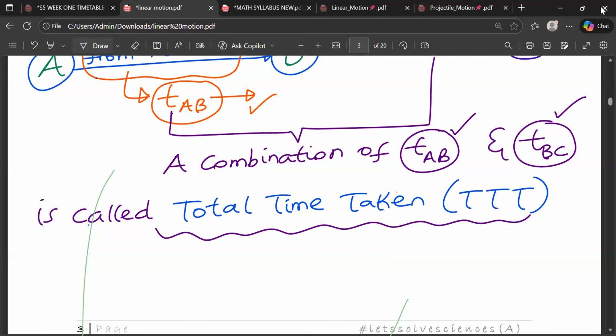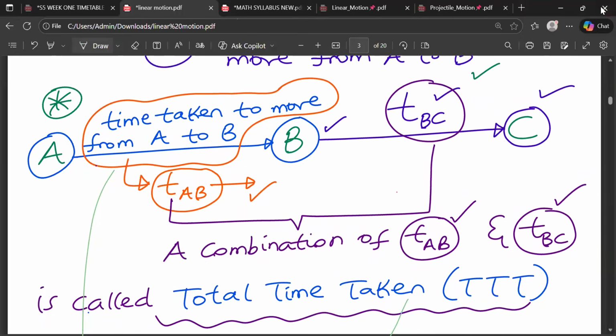Okay, the combination of those two is what they call the total time taken. And we shall also use it so much.